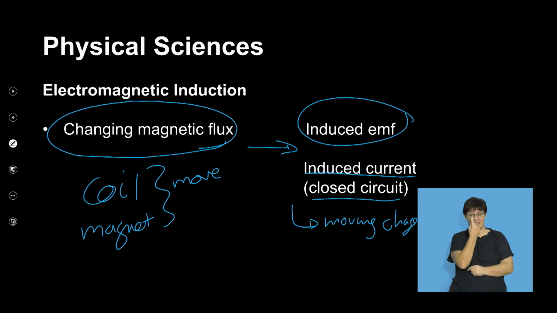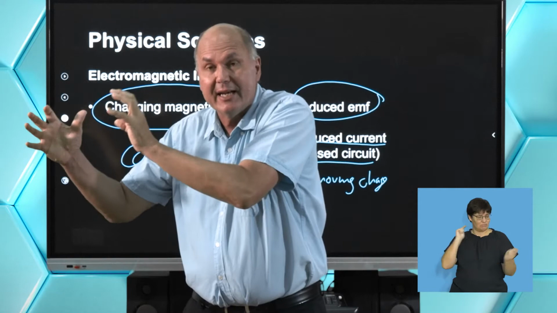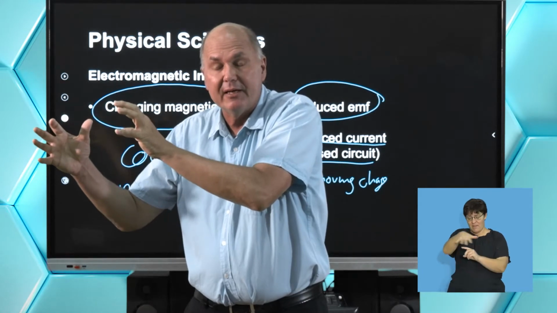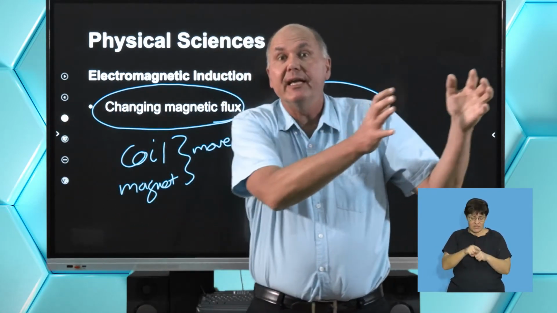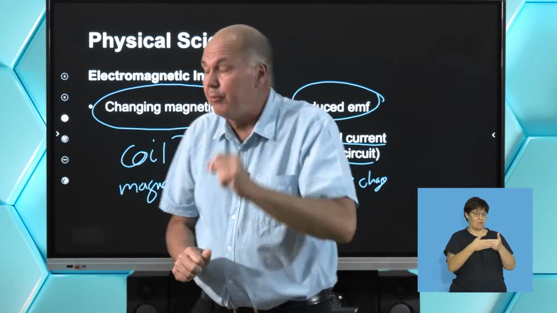Initially, we said moving charges produce a magnetic field. Now we're saying, let's change the magnetic flux, move the magnets or move the coil around the magnetic field, and what do we get? We get an induced EMF, a moving charge, if it's a closed circuit. And that's really important for us.